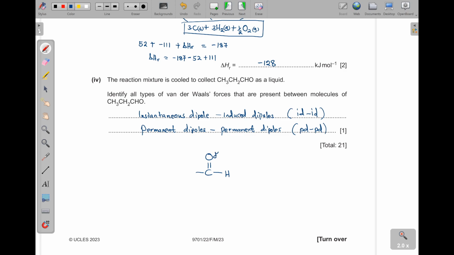The carbon is partially positive, and the oxygen is partially negative because it is more electronegative compared to the carbon. Because of this dipole here, it is permanent, because oxygen is always more electronegative compared to carbon. So that is that.